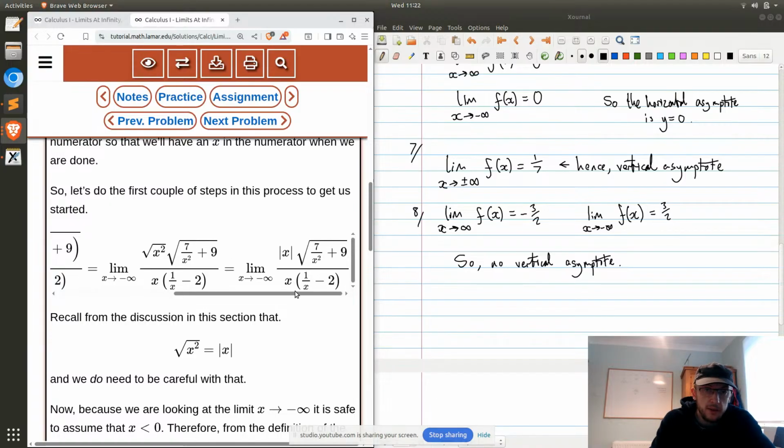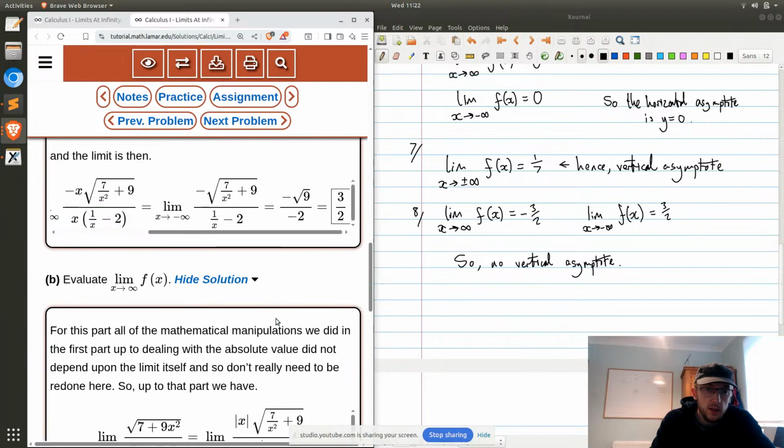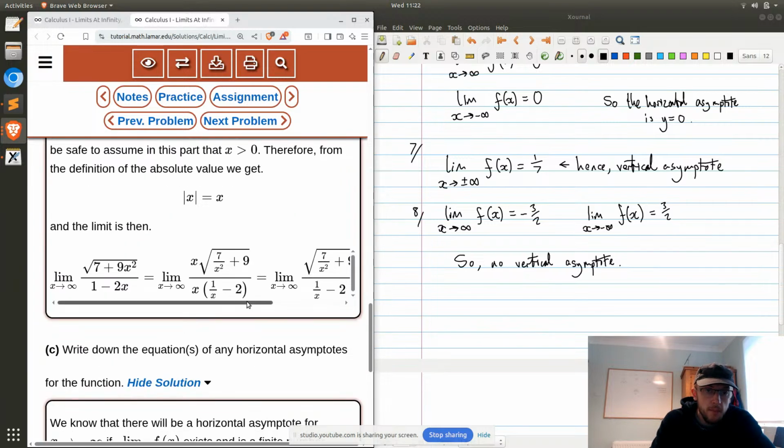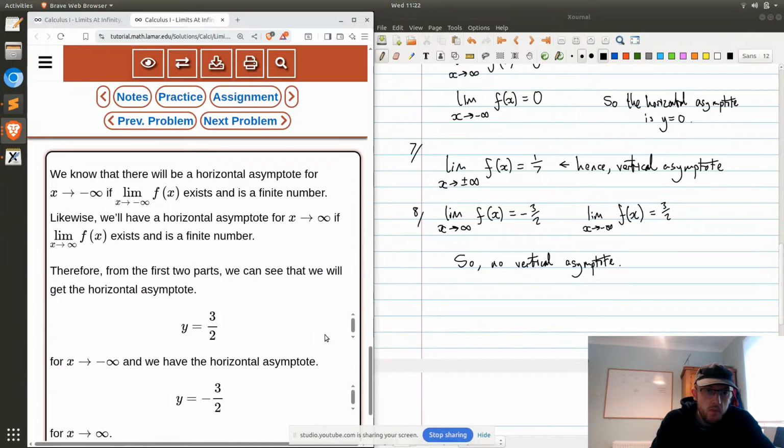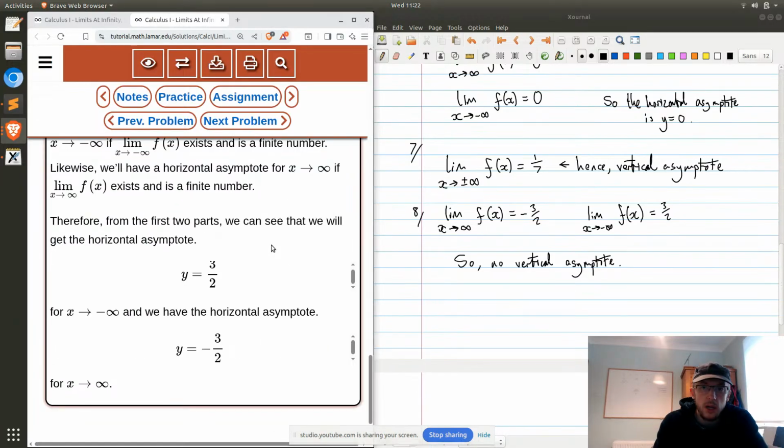And then they factor out x from there, and so on. Oh, okay, so we get 2. We actually get 2 vertical asymptotes.